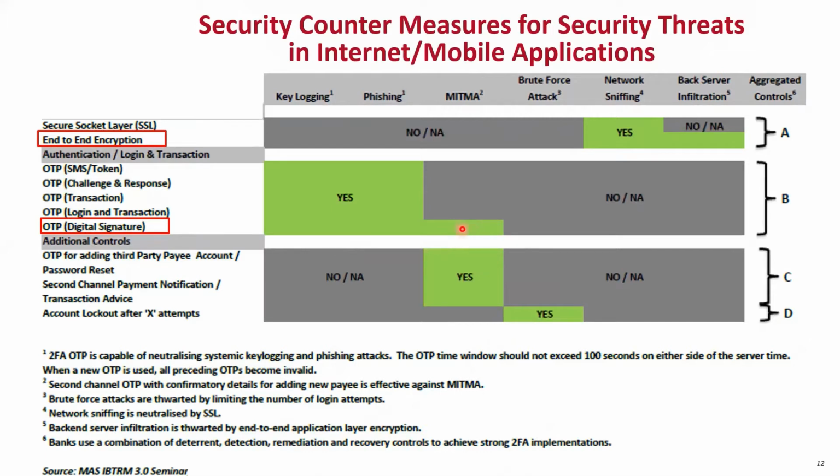For end-to-end encryption, it's also very important to encrypt the password or sensitive information on top of SSL to prevent network sniffing as well as back-end server infiltration. So our server can support different authentication methods for strong 2FA implementation. This is under the aggregated controls. So this is just a mapping.